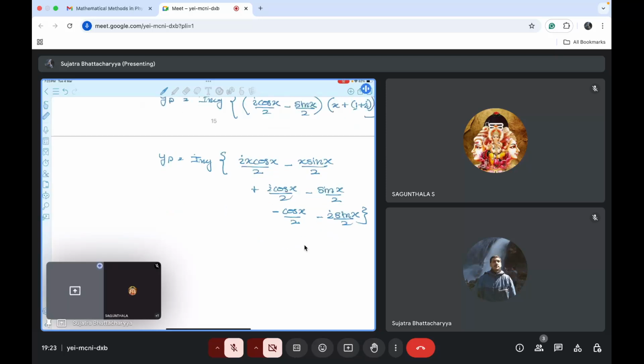Okay, so many terms, but we need only the imaginary part. So it will be x cos x by 2 plus cos x by 2 minus sin x.